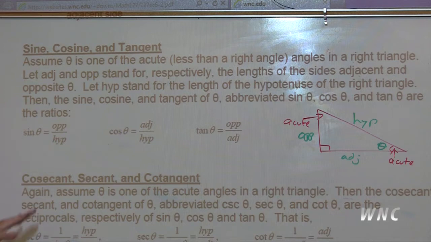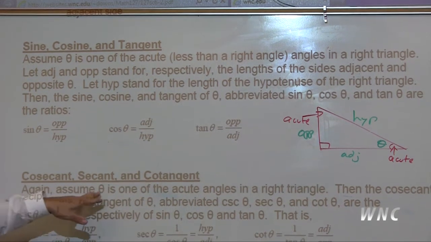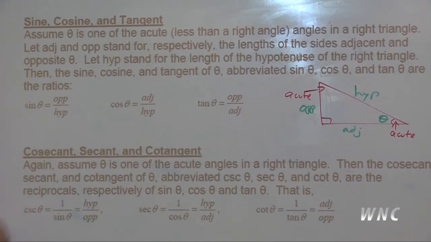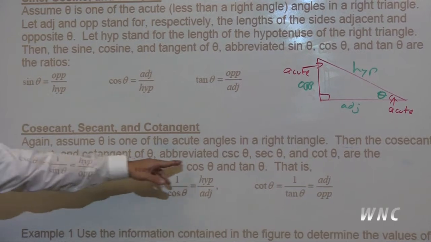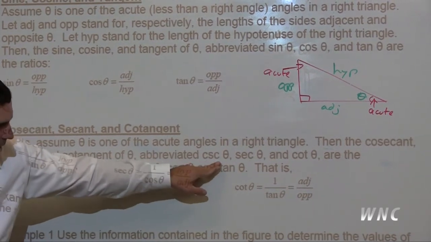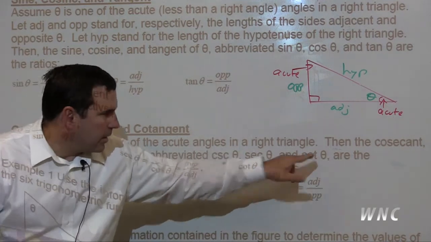To extend this a little bit, we have cosecant, secant, and cotangent. Assuming that theta is one of the acute angles in the right triangle, we abbreviate cosecant as CSC, secant as SEC, and cotangent as COT.